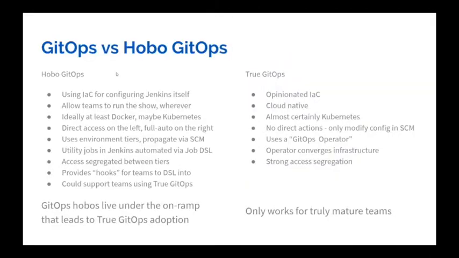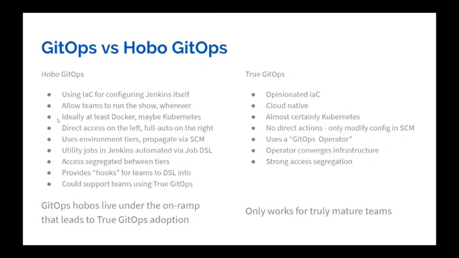To contrast true GitOps with Hobo GitOps: the GitOps block over here is the same as earlier, but it only works for truly mature teams that are able to work in Kubernetes and follow this entire opinionated pattern very, very specifically. Hobo GitOps uses IaC for configuring Jenkins itself, no matter what you're doing with it. It tends to empower teams to run their own things wherever they happen.